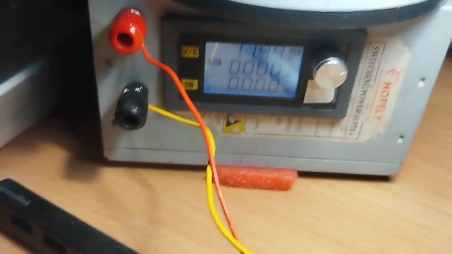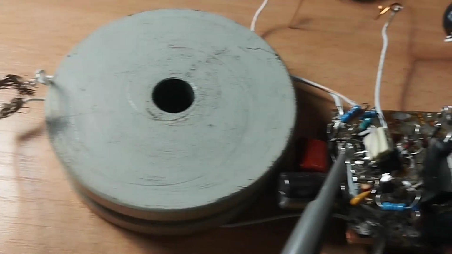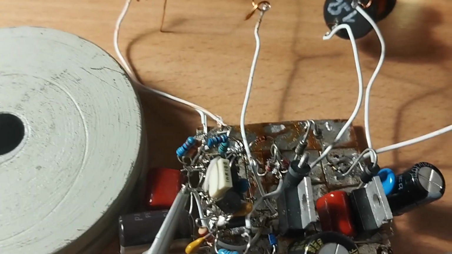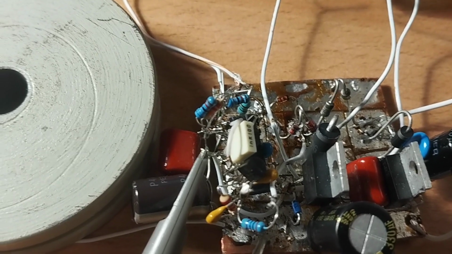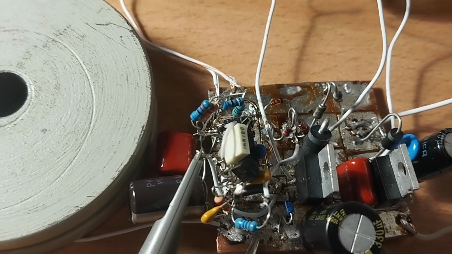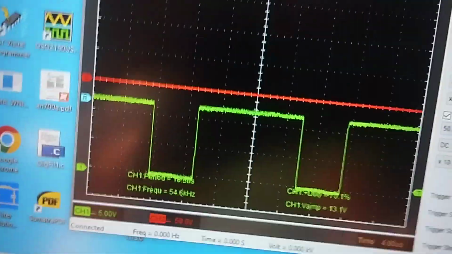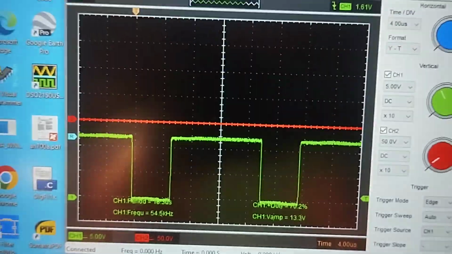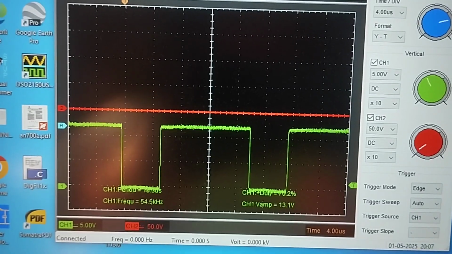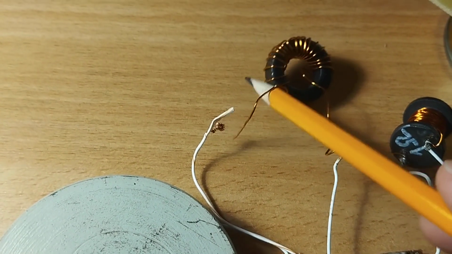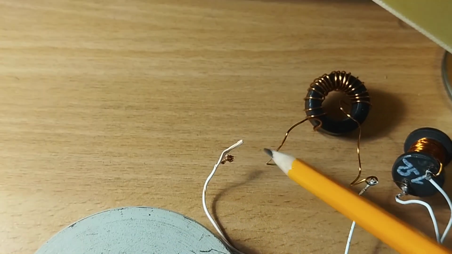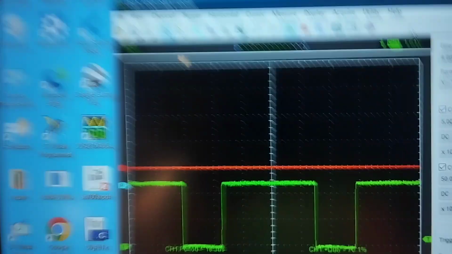Now the oscilloscope connects to the output of the driver, to the emitters of the transistors. Our device is now running without any feedback because I switched off the first coil.